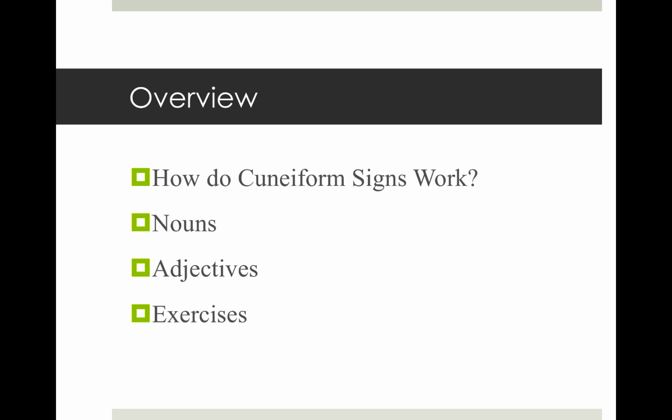But I also want to balance that with not thinking that learning Sumerian is some extraordinarily difficult and unattainable goal. In reality, after going through several of these lessons, if you really apply yourself with even a reasonable amount of effort, I think you'll be surprised at how much you can translate and what you can work through.